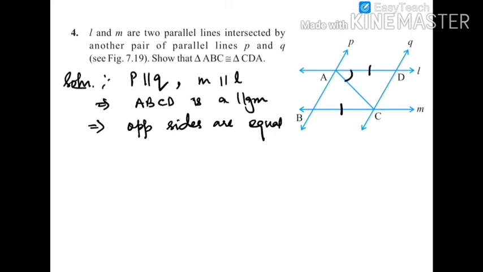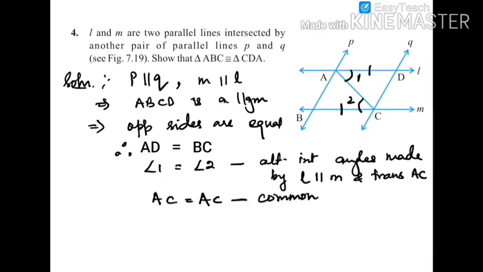Also, angle DAC will be equal to angle ACB because they form alternate interior angles. And we have AC common. So we have two sides and an included angle in both the triangles equal. So this implies triangle ABC is congruent to triangle CDA by SAS.